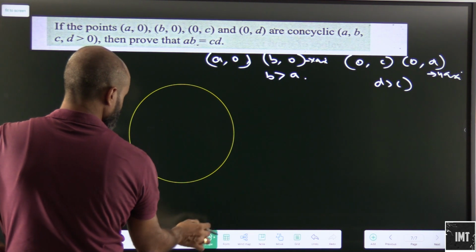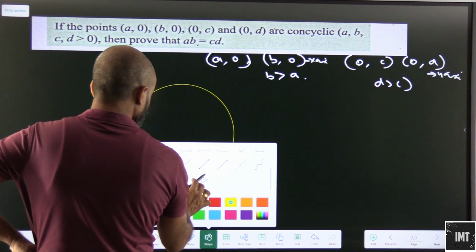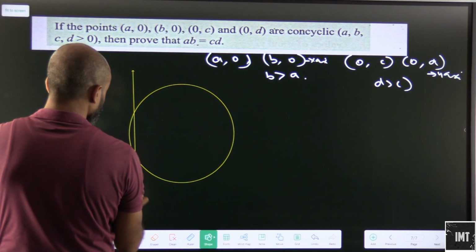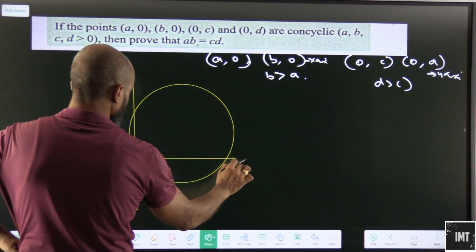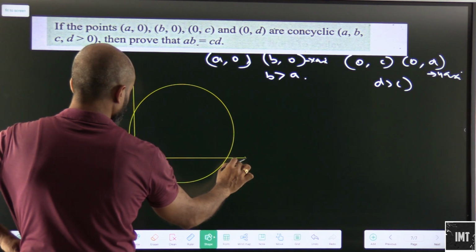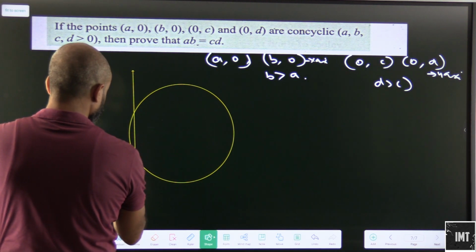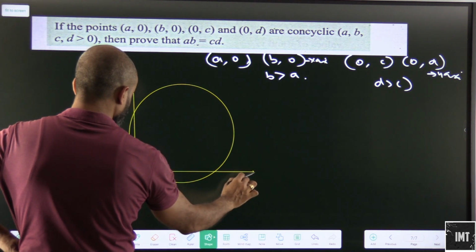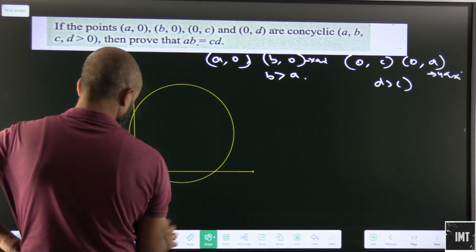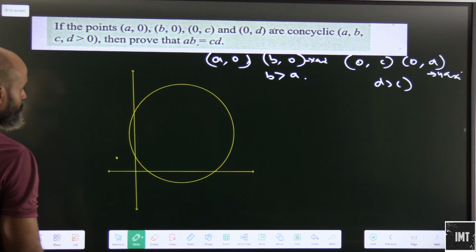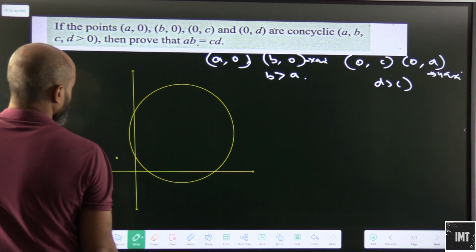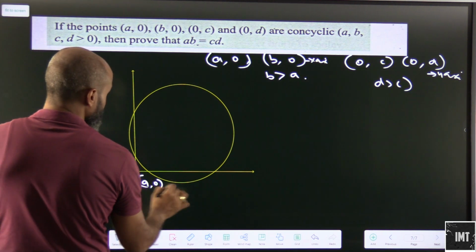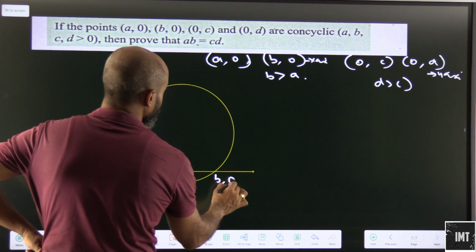So let's say (A, 0), and this is, let's say, (B, 0).